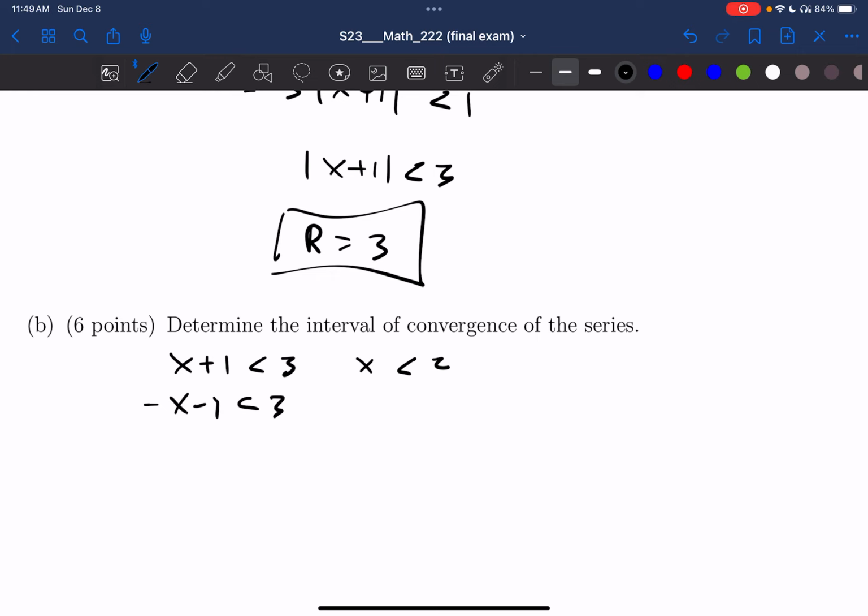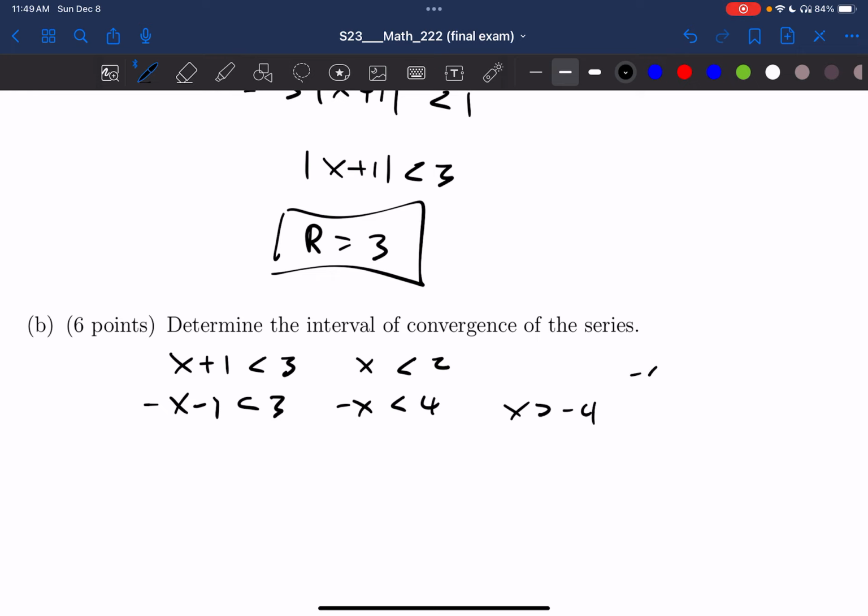So this will give us negative x is less than 4. And then dividing by negative 1 on both sides, we're going to get x is greater than negative 4. So basically, so far, we have negative 4 is less than x, which is less than 2. We need to test negative 4 and 2 at the endpoints to see if they're convergent or divergent.